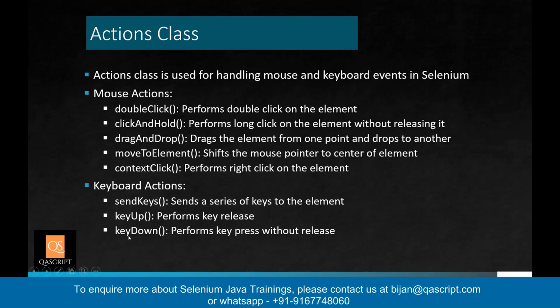Then key down means you perform a key press without release. These keys could be any key on the keyboard, such as a shift key, a control key, or an enter key. You can pass all the keys in these methods, and use these different methods to perform all the different actions on the mouse and keyboard, which are basically called events.